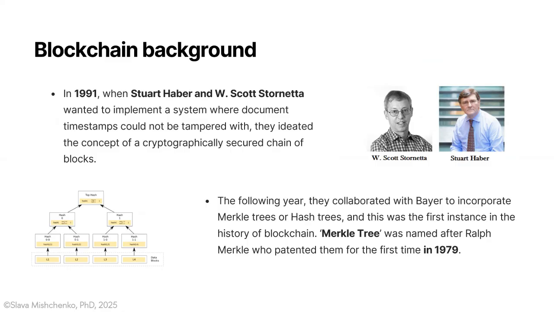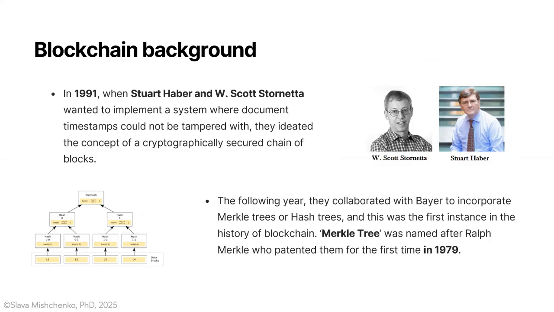And what I find particularly interesting here is how they collaborated with Bayer the following year to incorporate what we now know as Merkle trees. So named after Ralph Merkle, who patented them in 1979. And let me tell you why this was so significant.